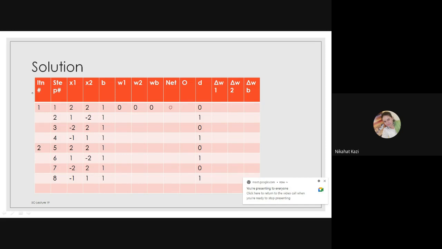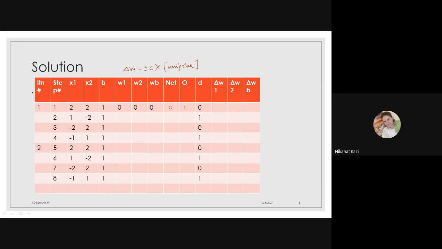That depends on the d values. Unipolar. Okay. So what is the value of O? O is 1, since net is greater than or equal to 0. Now there's a mismatch. So we will update the weights.